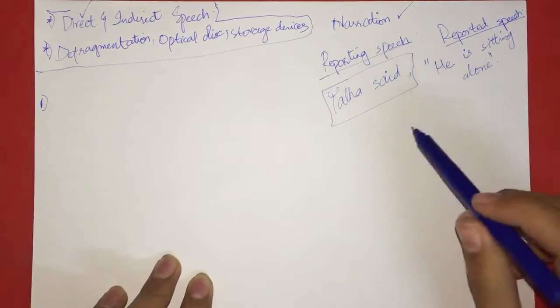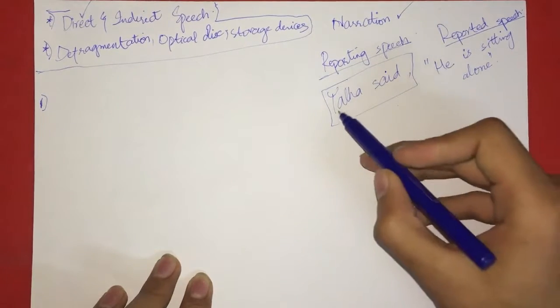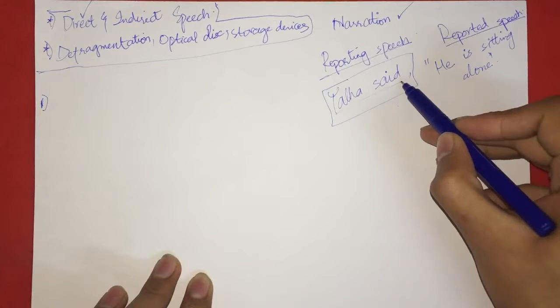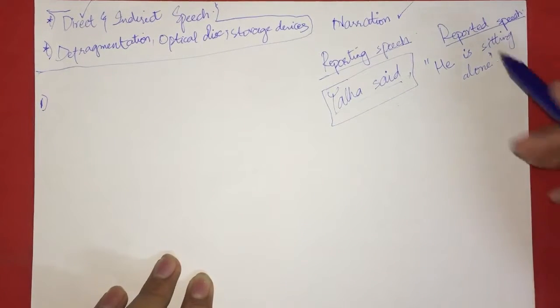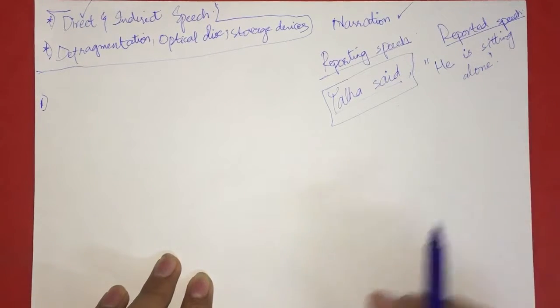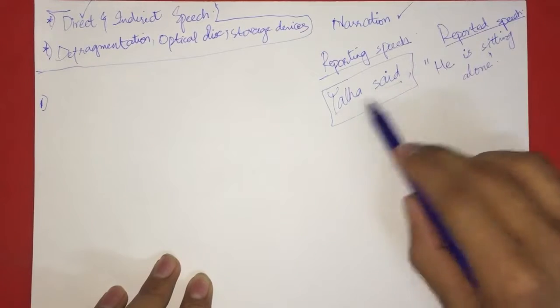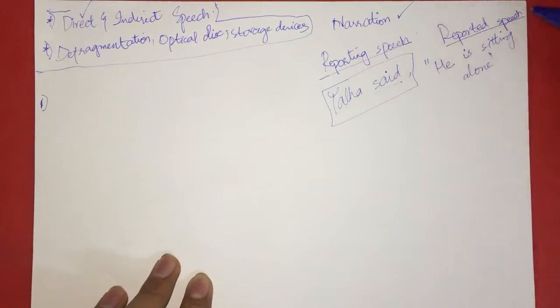Now here you have reporting speech, that is Talha said, which is not included in quotation marks, and you have reported speech, and this reported speech is the exact words of the speaker. So these words are the exact words that Talha said.